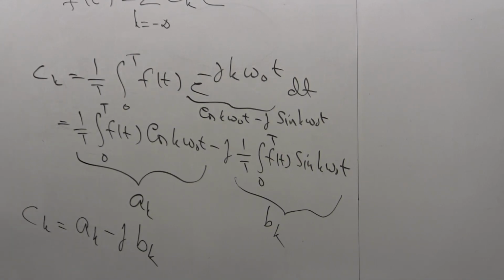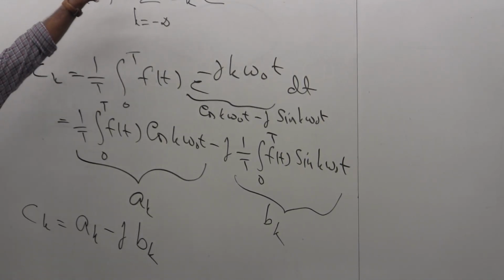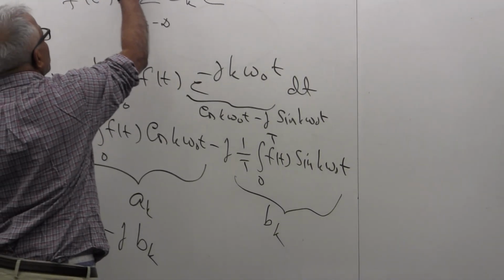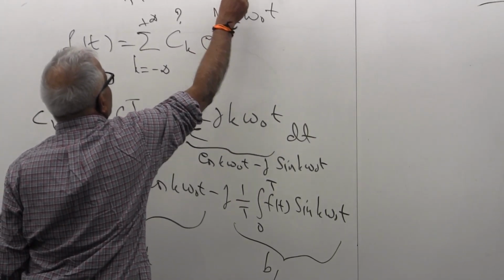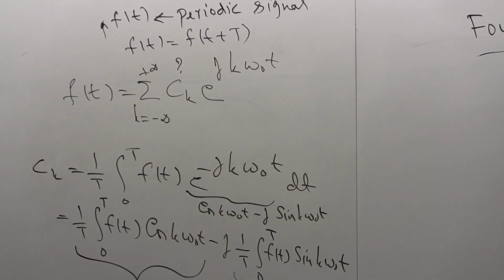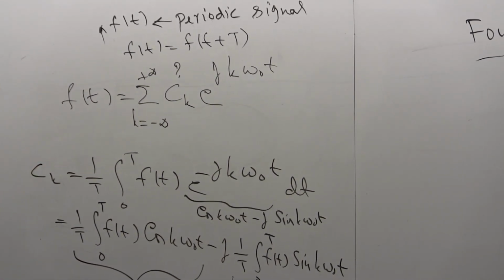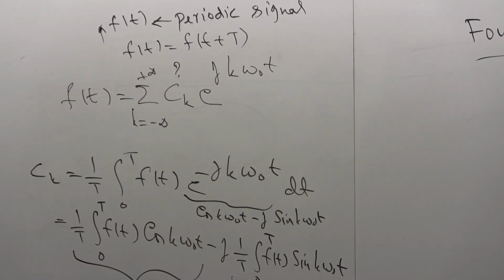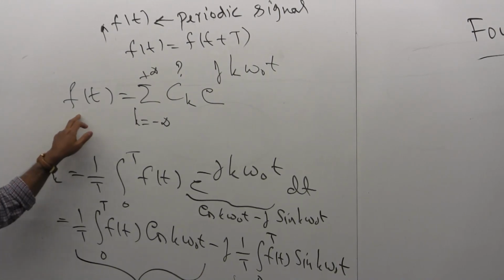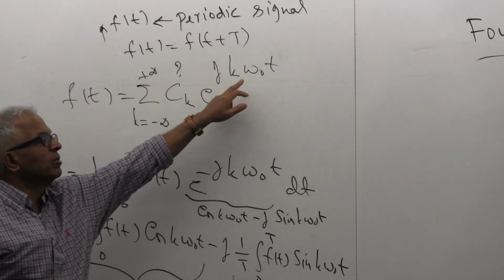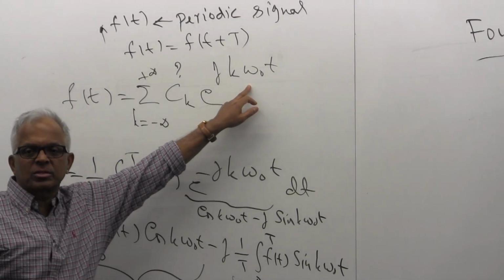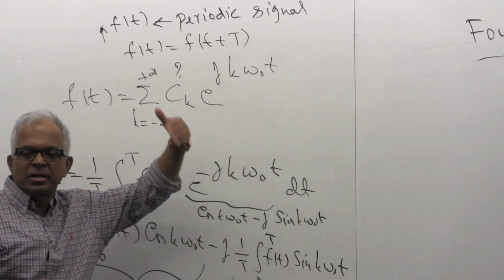So all I have said so far is about a periodic signal. Periodic signal means f(t) is the same as its shifted version where you shift it by capital T. Then it can be written in terms of cosines and sines involving a fundamental frequency and its multiples.